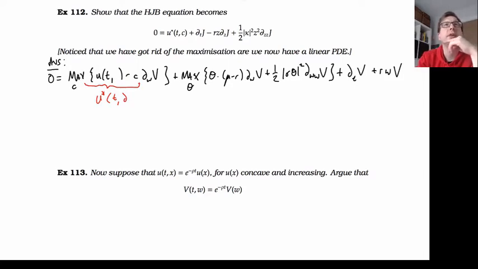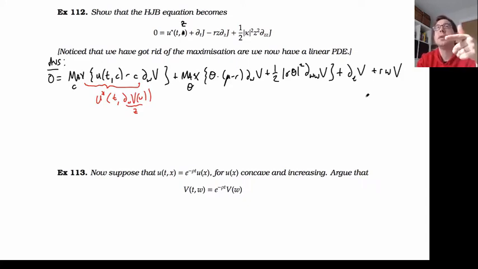This should be c, and this here should be z. Good. So if I look at this expression, I should have u star t of the partial derivative of v with respect to w, which is equal to z. That's the first term here.